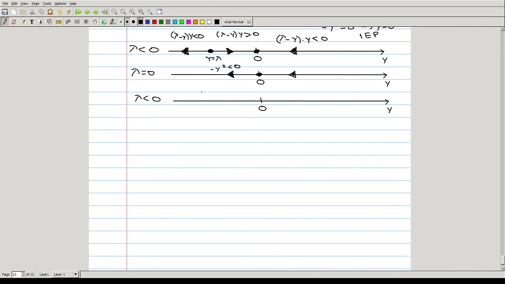And then lastly, when lambda is positive, we go back to having 2 critical values. 1 when y equals 0 and 1 when y equals lambda. And the nature of the critical values switches again. 0 is still an unstable critical value.